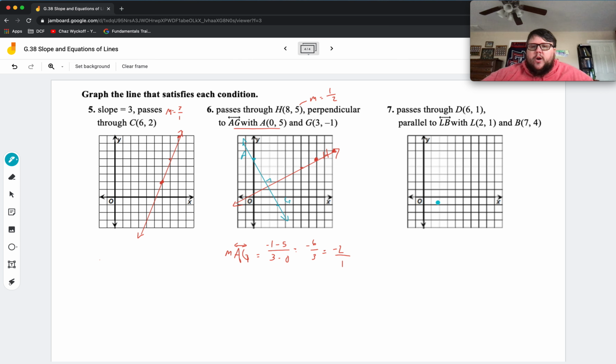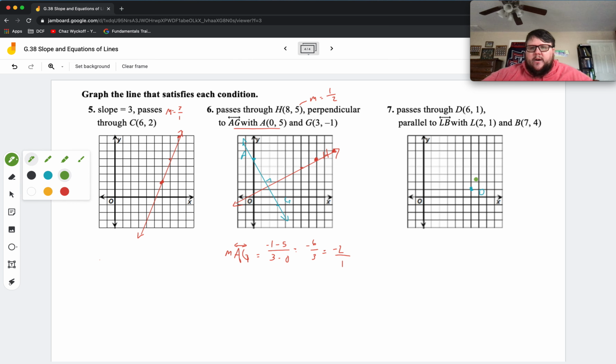Number 7, I'm going to go ahead and plot my point D, 6, 1. 1, 2, 3, 4, 5, 6, 1. And then it tells me that the slope is parallel to LB. So I'm going to go ahead and plot LB real quick too. So that was D. So I'm going to label it.